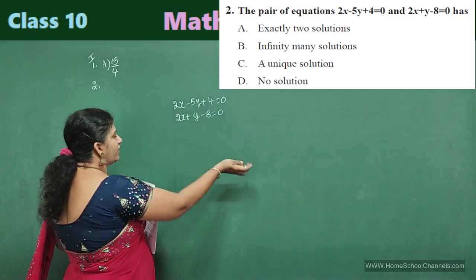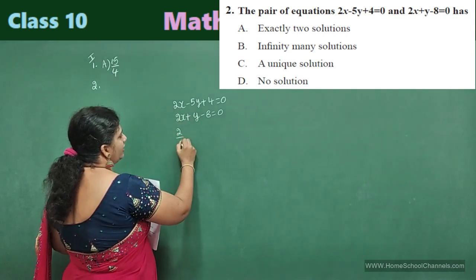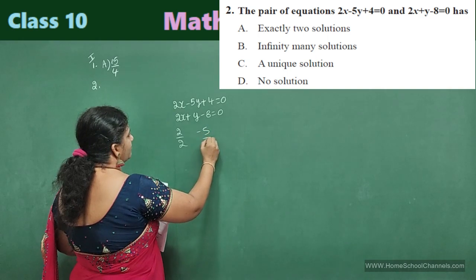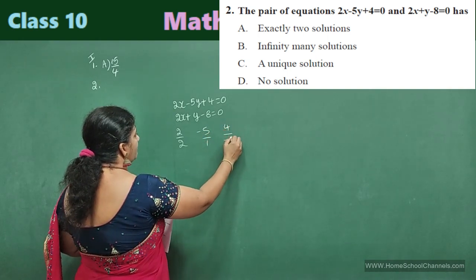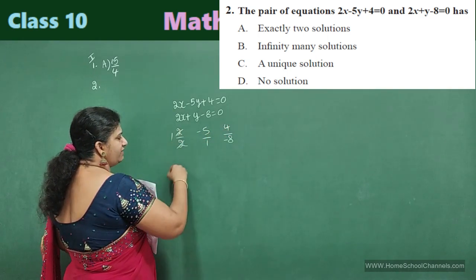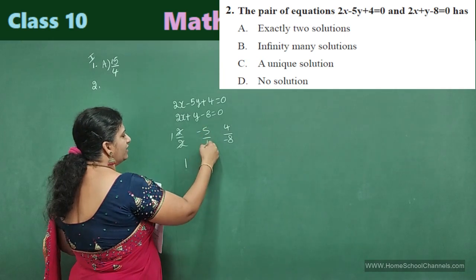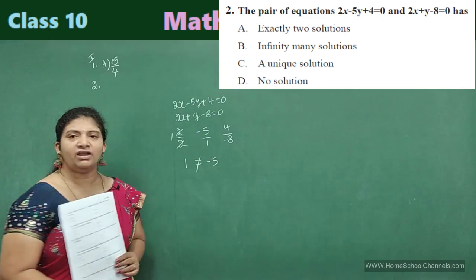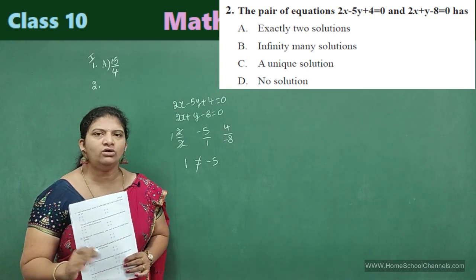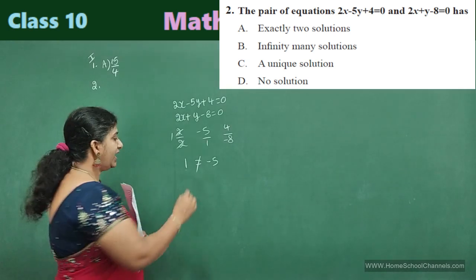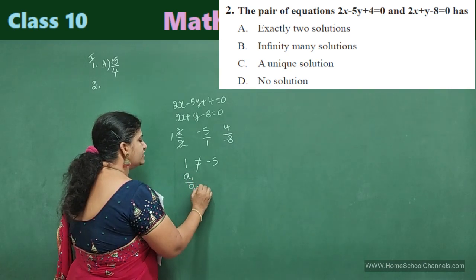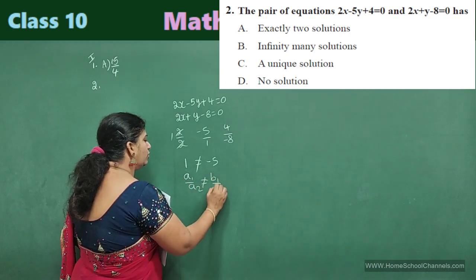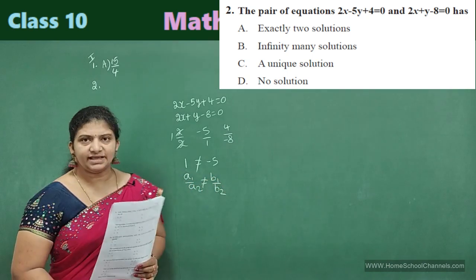Let's see the ratios what we get. 2 by 2, minus 5 by 1, 4 by minus 8. If we cancel, we get 1 and here it will be minus 5. Immediately I say that A1 by A2 is not equal to B1 by B2.